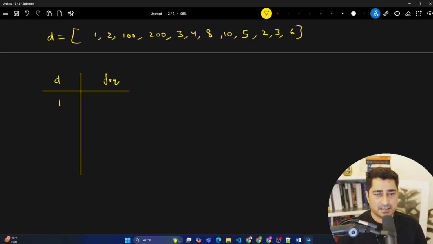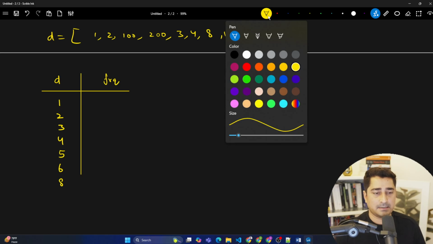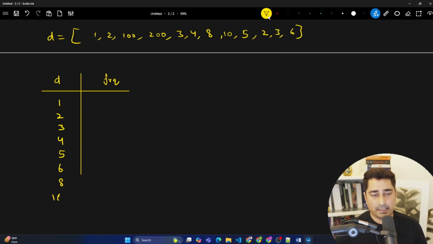So we have 1 distinct data wise. So we have 2, we have 3, we have 4, we have 5 inside the data, we have 6 inside the data, we have 8 inside the data, we have 100 inside, 10 we have inside the data. So I have 10 over here, then I have 100, and then I have 200 inside my data set.